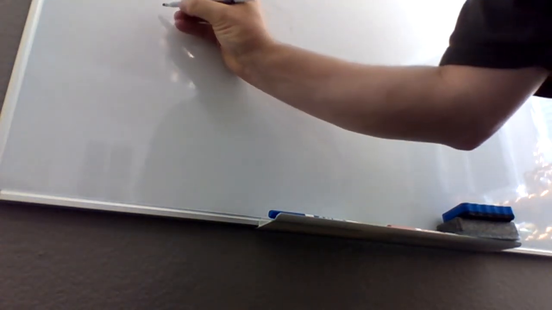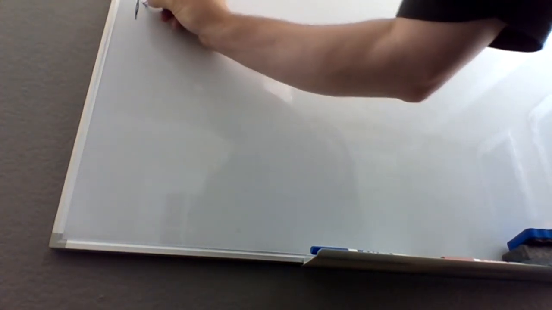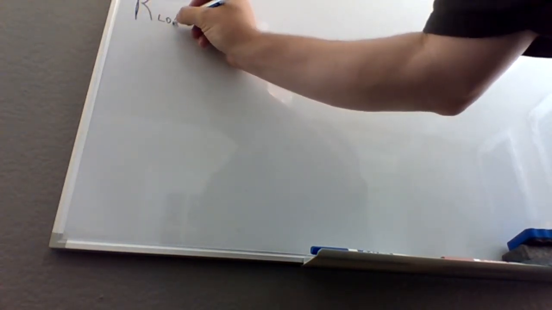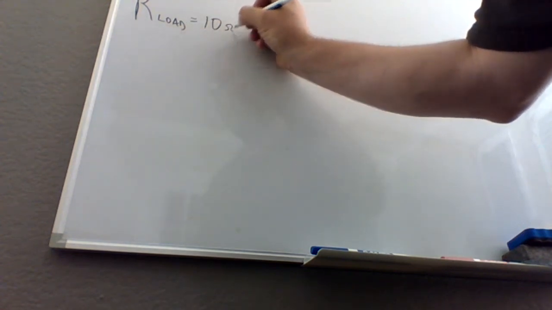So I'm going to take this and we're going to go to the whiteboard here. Based upon other people's comments, I'm going to try to do it from the right-hand side. So let's say our load is equal to 10 ohms.